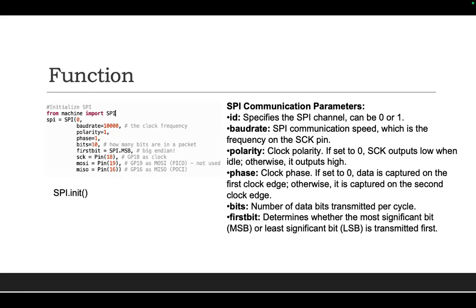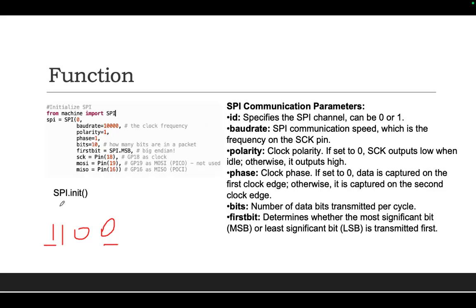For example, your binary number is 1100. The most significant bit means this one will be read, input or output first, and the least significant bit means this bit will be read or output first. That makes sense to you? Yeah, just pay attention to that.